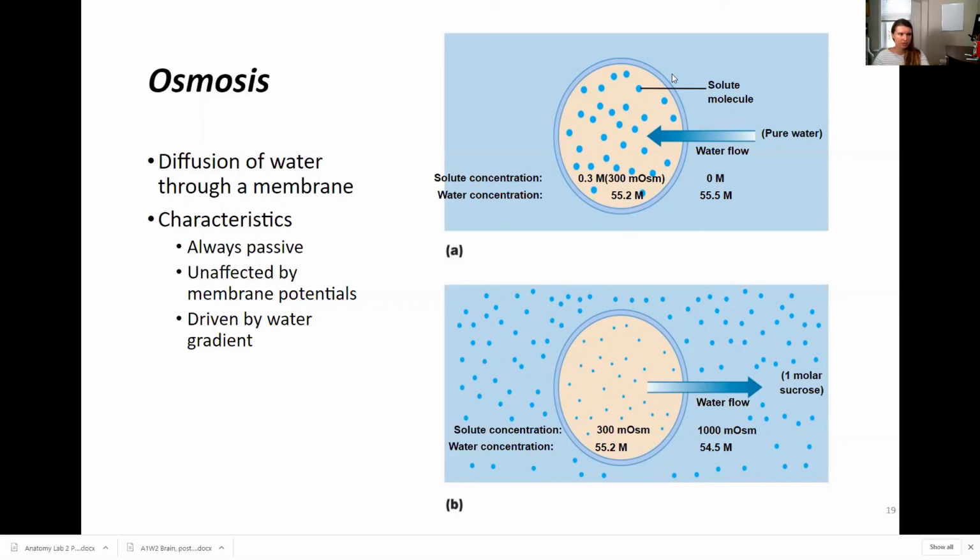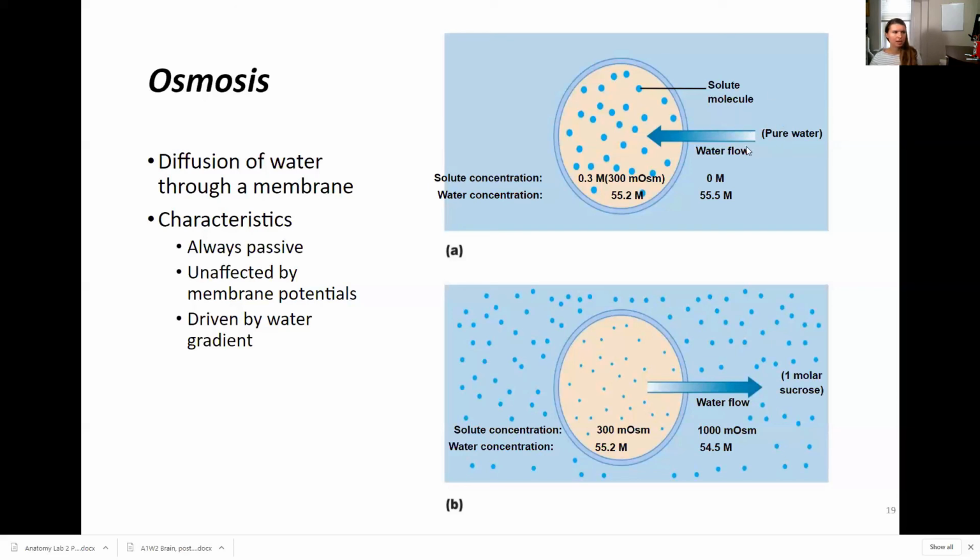So in this example, maybe this will help a little bit. On the outside of this cell in figure A, we have pure water, so we don't have any solutes out here. Here our water concentration is quite high. We have a lot of solutes inside the cell, and those solutes take up room that water could be occupying.